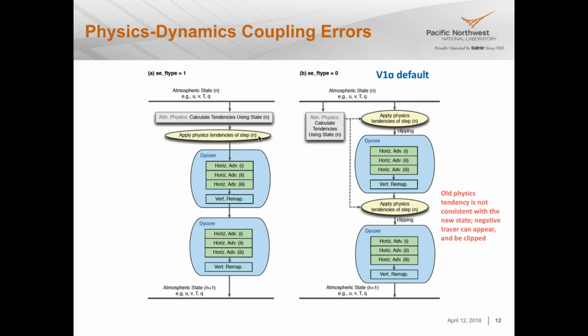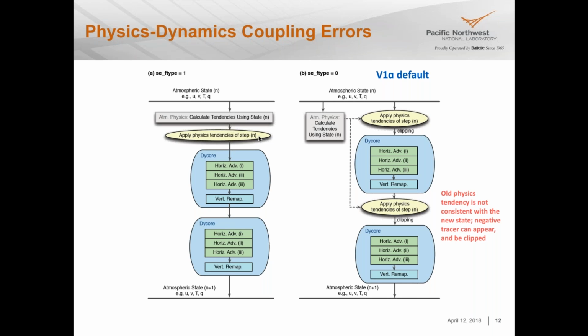And after the first dycore cycle, there is another tendency application for the physics, and then after that, there is clipping as well. At the second time when the physics tendency is applied, the physics tendency is not consistent with the new state, and so negative tracers can appear here. And if they are clipped, this will cause very large conservation errors.